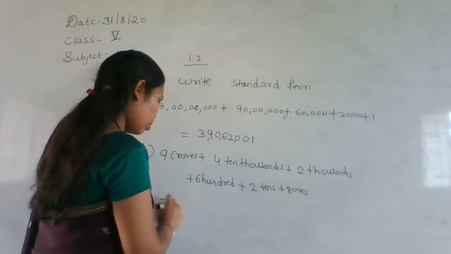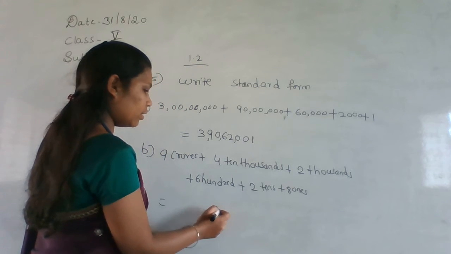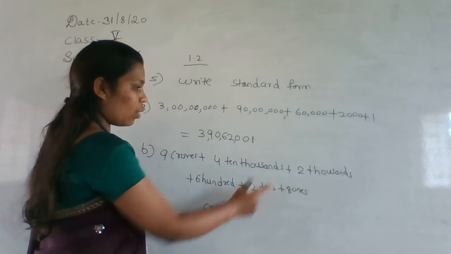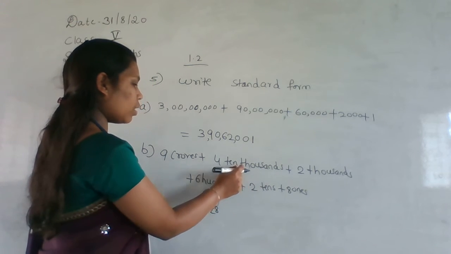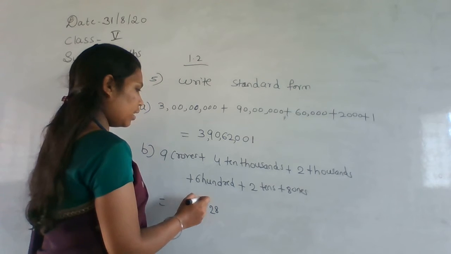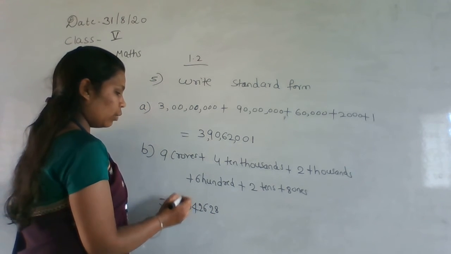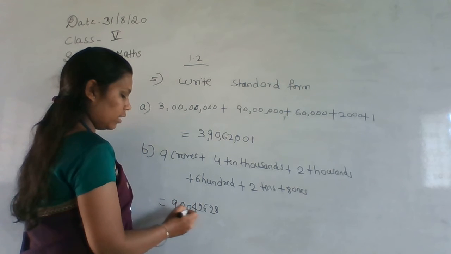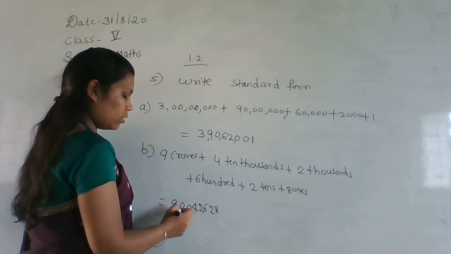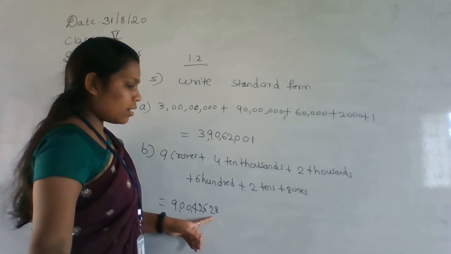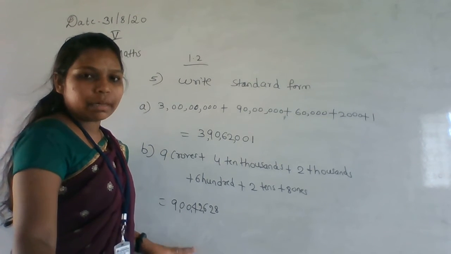Okay. So how many ones are there? 8. Tens 2. Hundreds 6. Thousands 2. 10,000s 4. Next lakh no value. 10 lakh no value. Crore 9 is there. Okay. So this is the number: 9 crore 42,628. The number is like this.